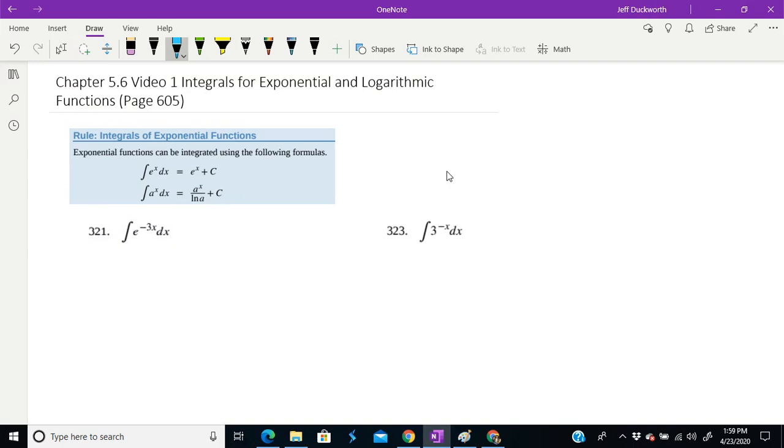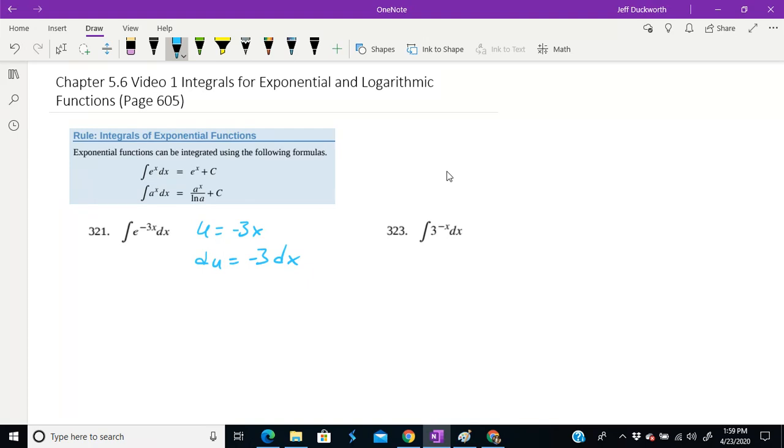All right, so number 321, we're going to need a u substitution because that doesn't fit what we need. So we're going to let u equal negative 3x, which will make our du equal negative 3 dx. Now, we have a dx to replace.